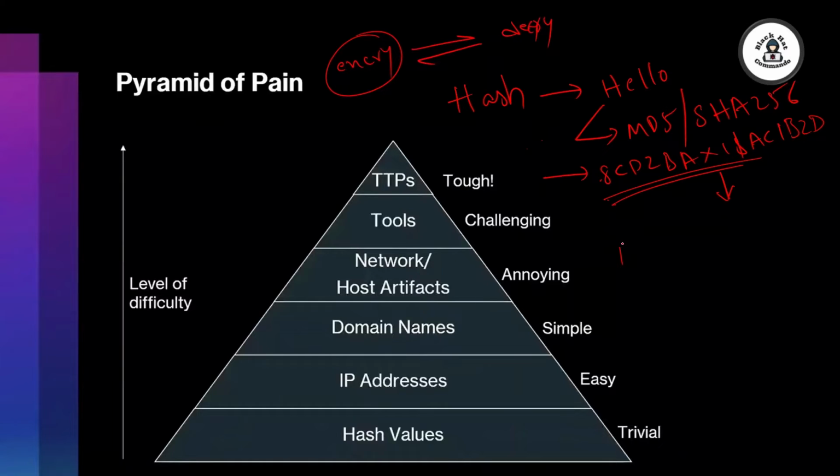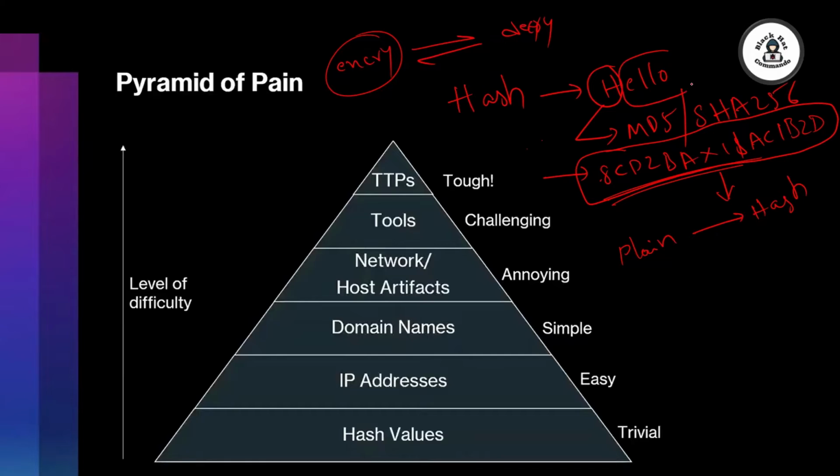Once you have converted the plain text into a hash, the hash will never change its value for that particular text. For example, what is this text indicating? Hello, with a capital H and the rest ELLO in small. If you check the hash for a small h with ELLO, it would be different.